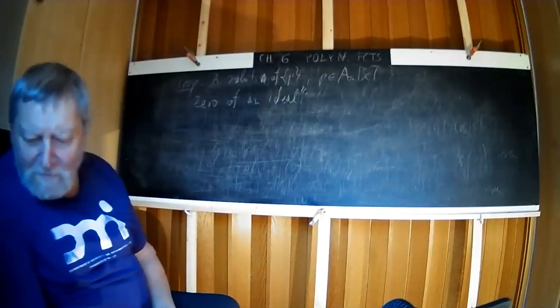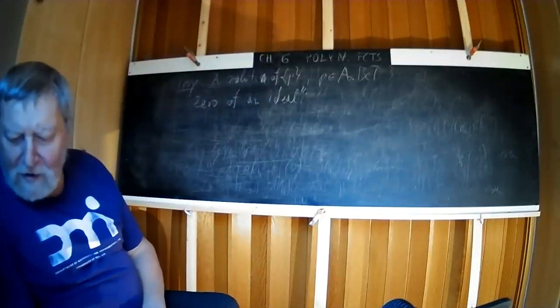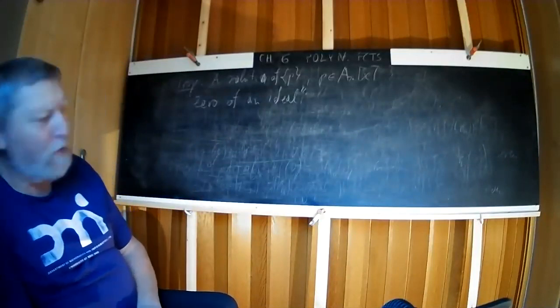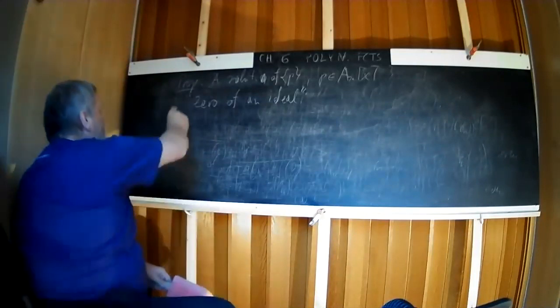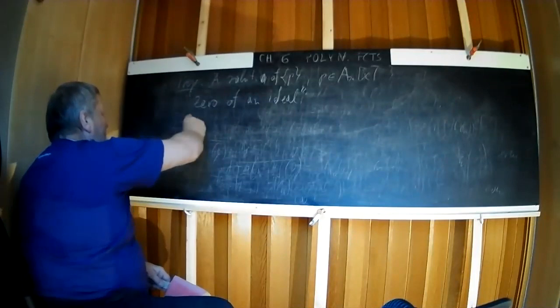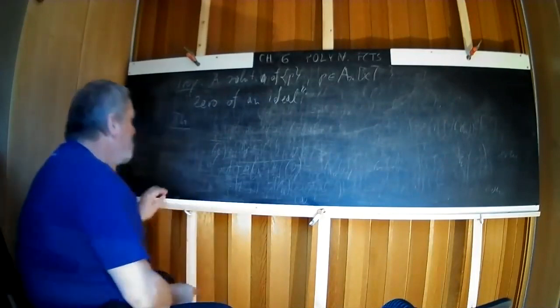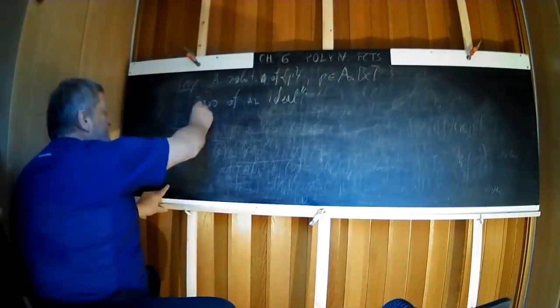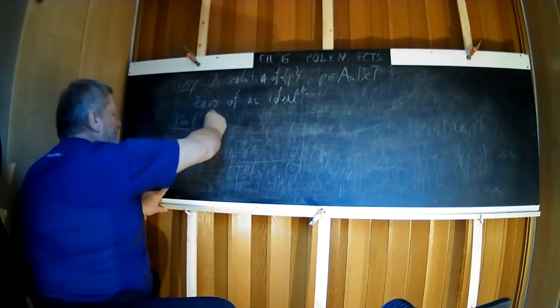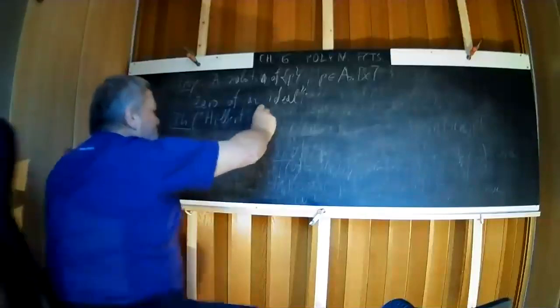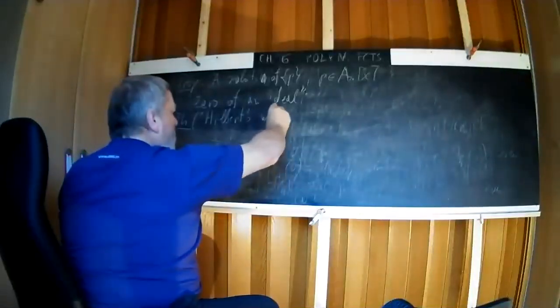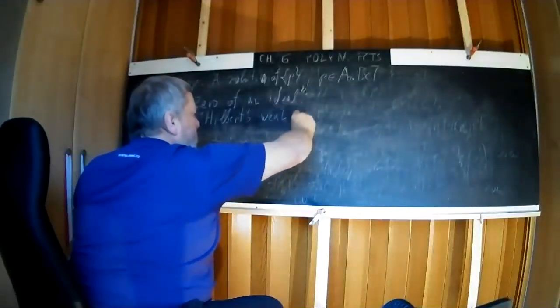Okay, that's needed later. And now the real surprising theorem says the following. And this is called Hilbert's weak Nullstellensatz.